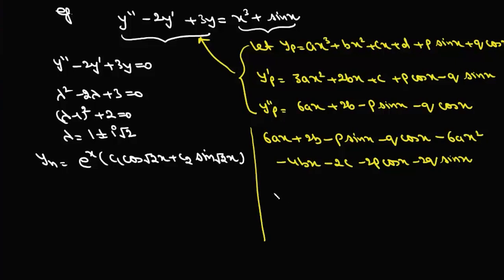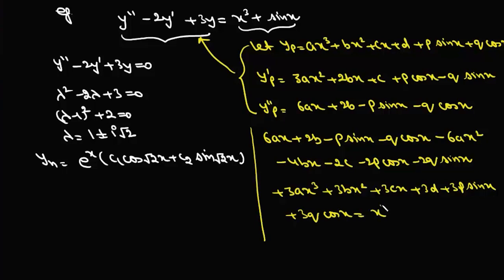So there will be plus 3ax cube plus 3bx square plus 3cx plus 3d plus 3p sin x plus 3q cos x, and this will be equal to x cube plus sin x. Now we need to find the value of a, b, c, d, p, q. So we have 6 unknowns.